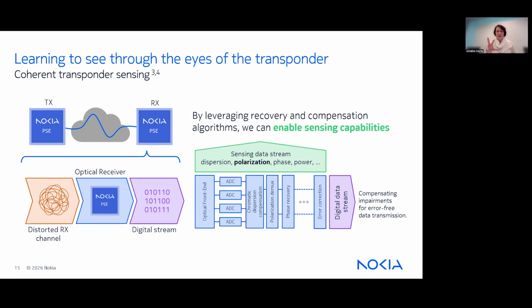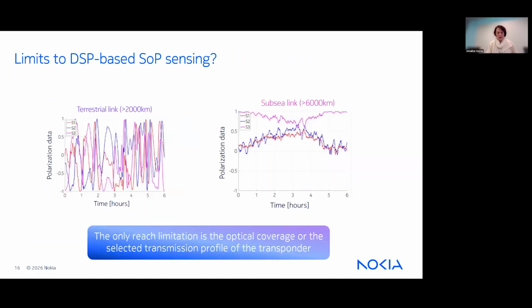So in this case, the SOP monitoring is done without requiring extra resources for the monitoring. In the last years, we did a lot of field trials and tests about the possibility of really detecting any event in terrestrial and also subsea links. Here we have reproduced some polarization variations that were recorded in these two different environments.